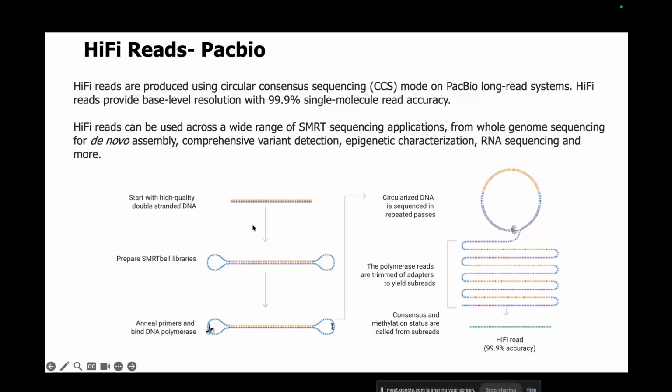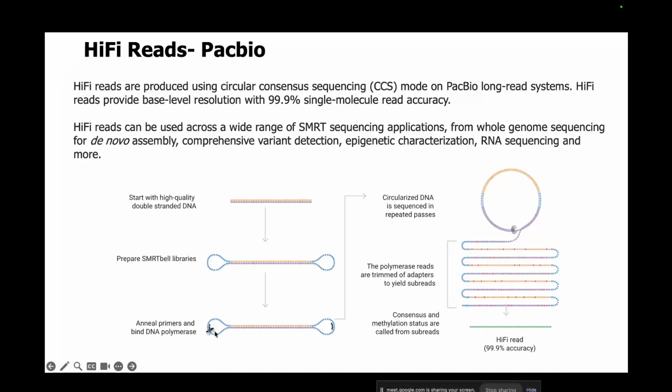So what happens is you have this linearized DNA, then what you add is this rounded bell library. So basically, at the end of the two reads, you have these shapes where a small portion of it is double stranded, but the rest of it is circular because there is no complementarity in the sequence.